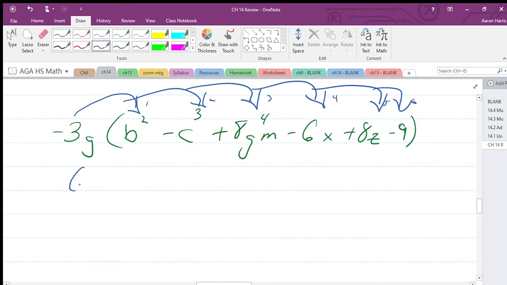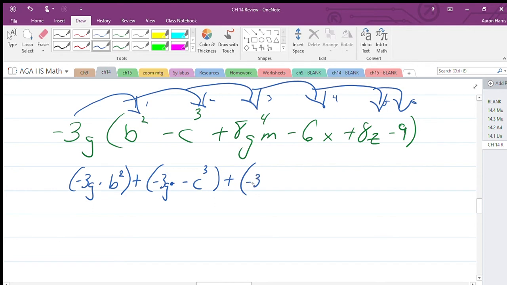So what is that? Negative 3g times what? B squared plus negative 3g times what? Negative c cubed plus. Notice I added all these up. I keep the negatives inside.